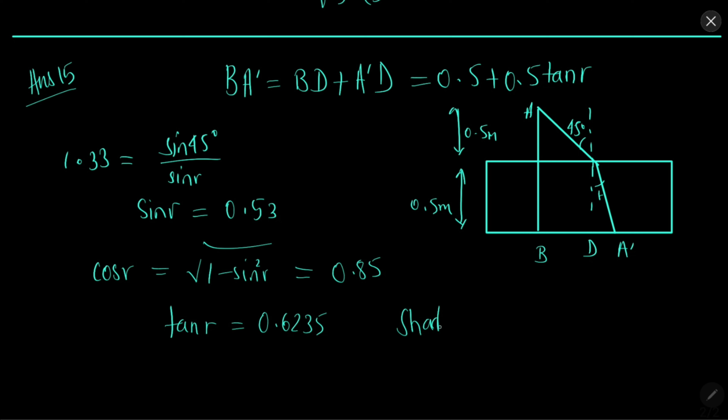Shadow length will be 0.5 times 1 plus 0.6235. So it will come out to be 81.2 centimeter.